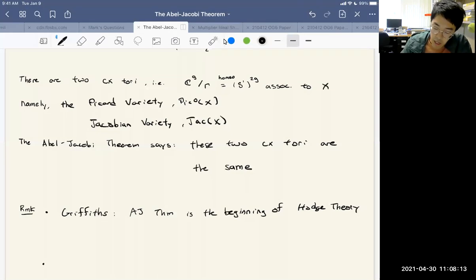I'll try to come back to this statement at the end of the talk to make it a little more precise. Griffiths is a Hodge theorist, and in his view, the Abel-Jacobi theorem is the beginning of the subject.